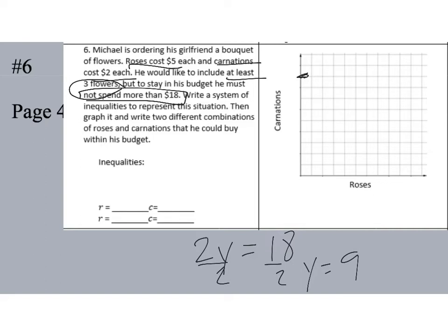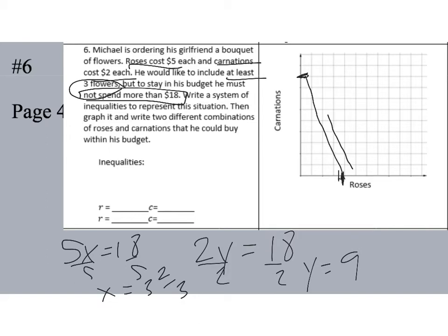And roses is a little trickier because they're $5, so it would be 5x equals 18, and if you divide both sides by 5, you get 3 and 3/5. So I'm going to go over 3 and then go part way into the next block, just to give myself a point somewhere around there. Since we have our x-intercept and our y-intercept, we can connect them to make a line.